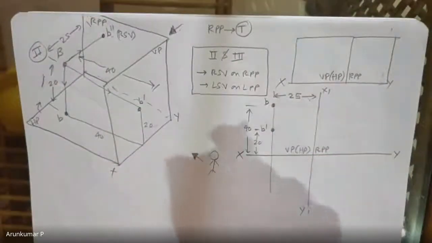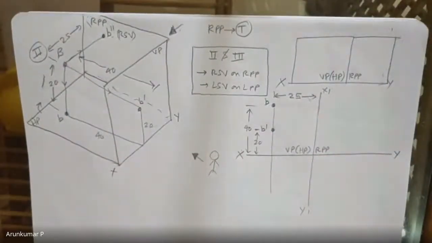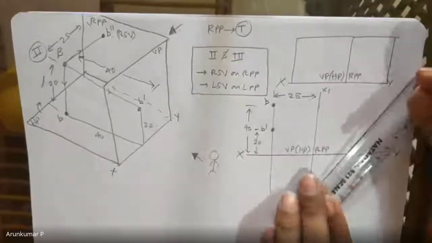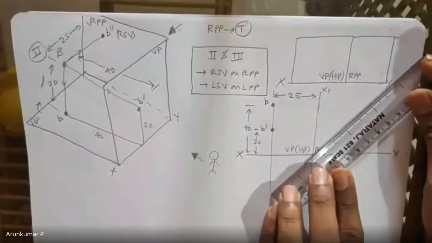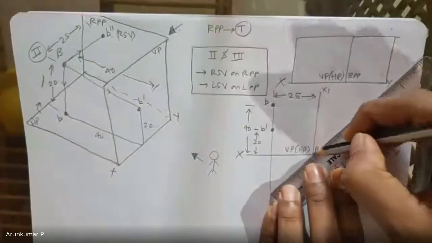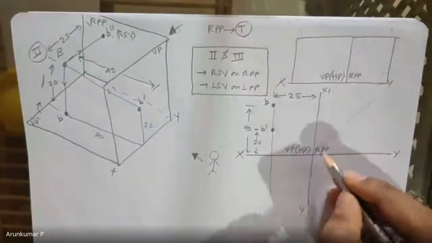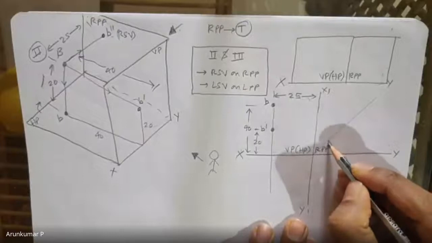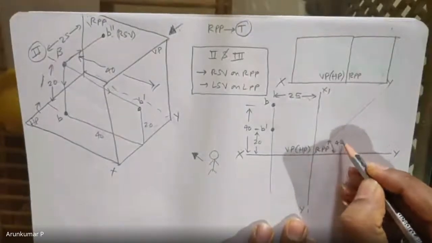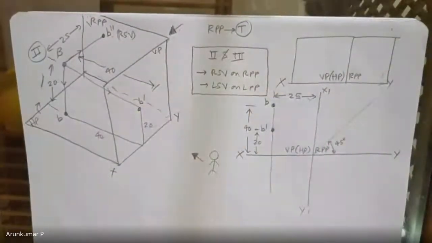Draw the median line in RPP only, at 45 degrees, in RPP itself.